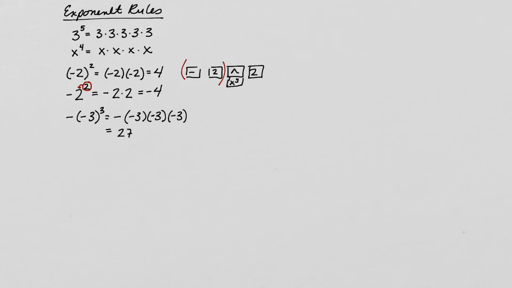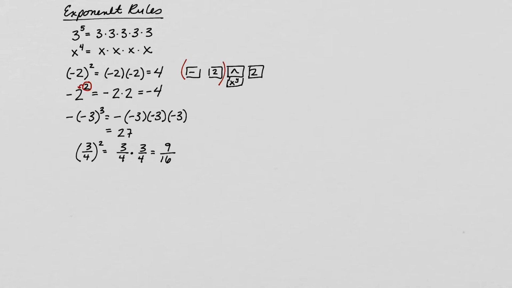You can also apply the exponent rules to fractions. So if you had 3/4 squared, remember that's 3/4 times 3/4. And so remember when we multiply fractions, we multiply across the top, we multiply across the bottom. So in this case, 3 times 3 is 9, 4 times 4 is 16.